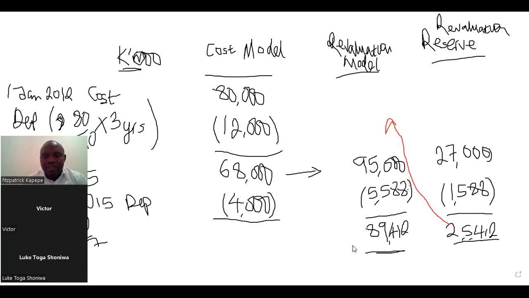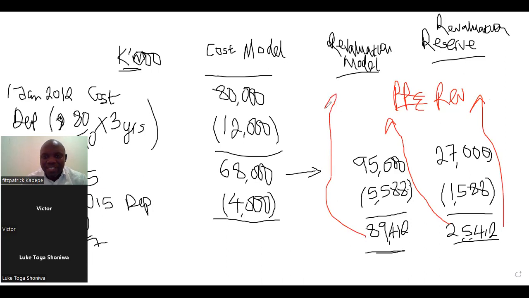So in the balance sheet, it will sit under PPE, that amount. Similarly, the 25, not under PPE, under what? Equity, sorry. Revaluation reserve. So under revaluation reserve, it's already there. So this is where it's going to sit. This 89 is going to sit under PPE.